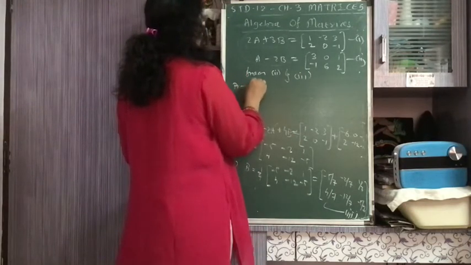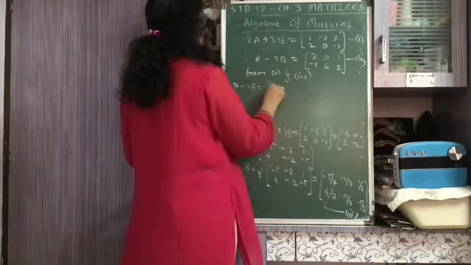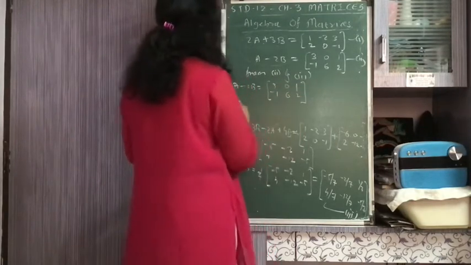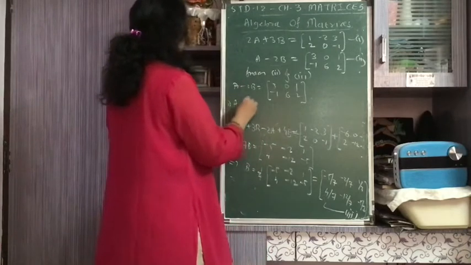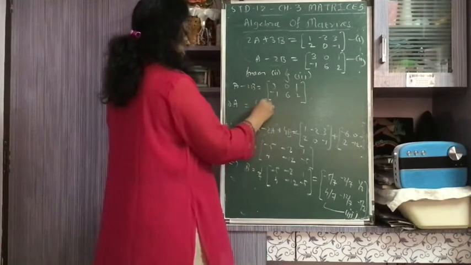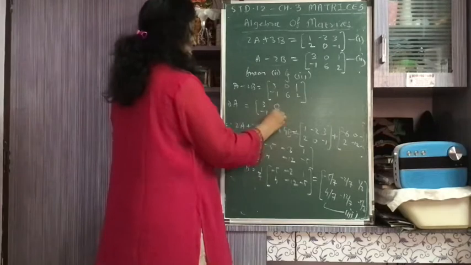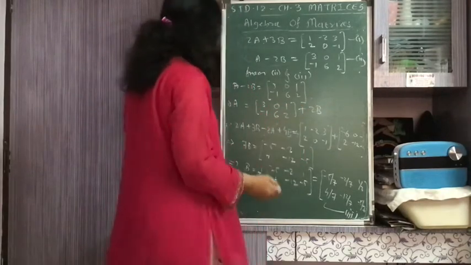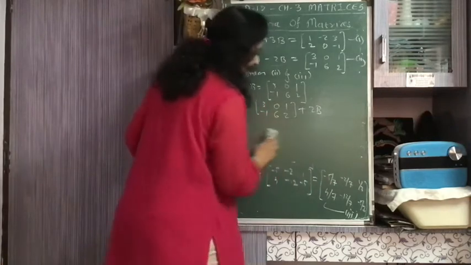A minus 2B, so A can be written as plus 2B. On shifting to the opposite side, we'll change the sign.